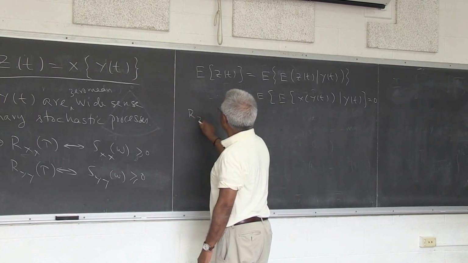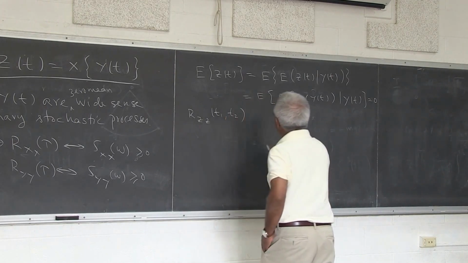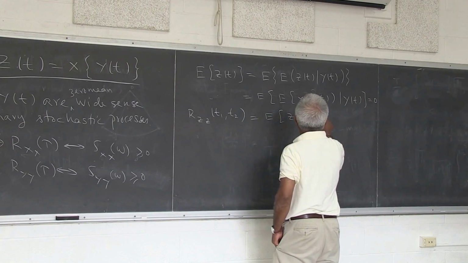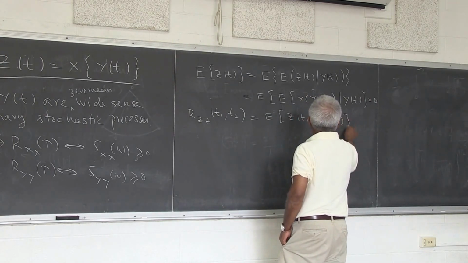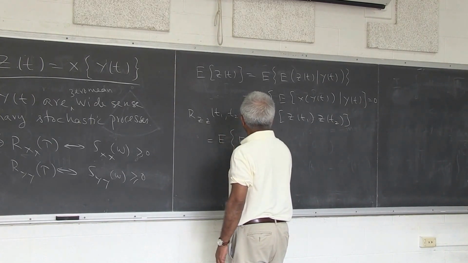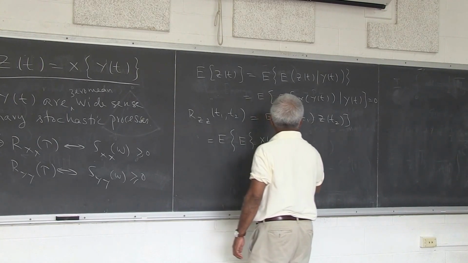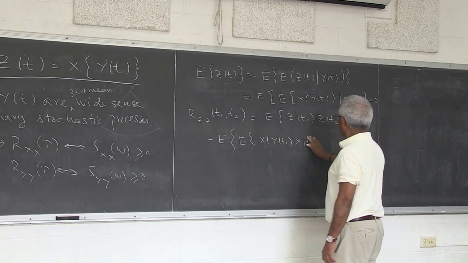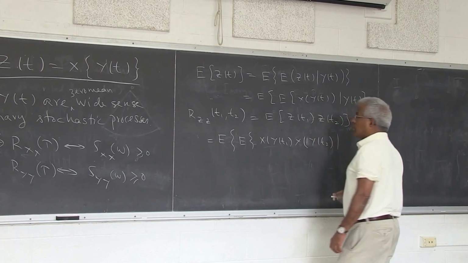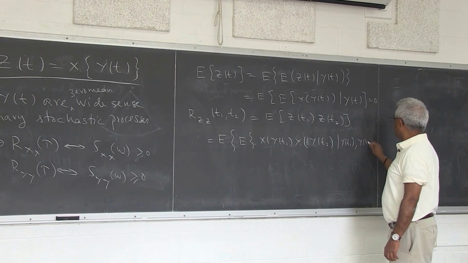And if you look at the autocorrelation function of z of t, this is the expected value of z of t1 multiplied by z of t2. But again, I'm going to use the conditional formula. So this is the expected value of x of y t1 multiplied by x of y t2, conditioned on y t1 and y t2.